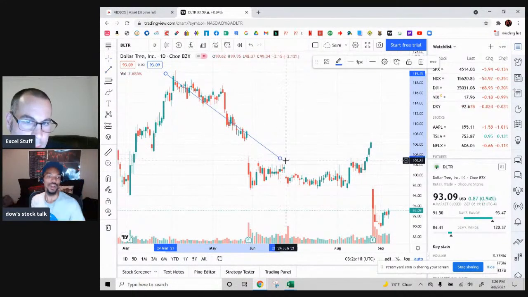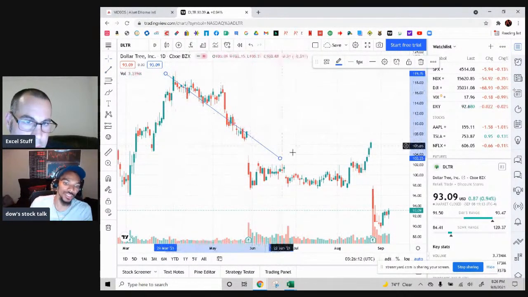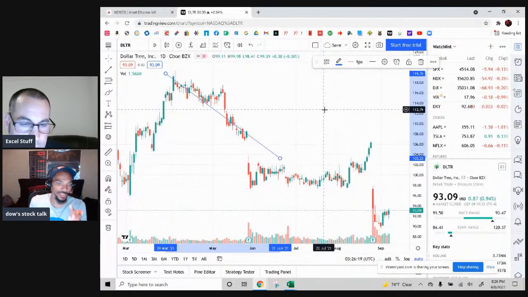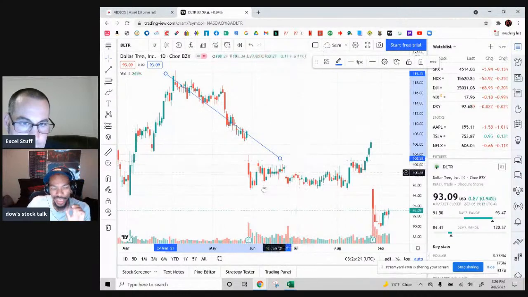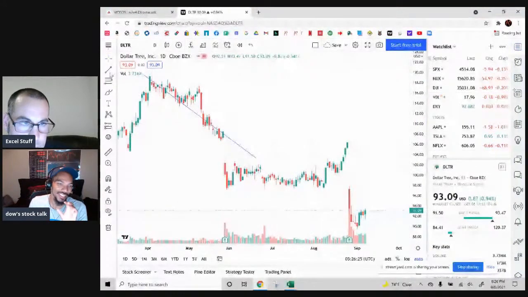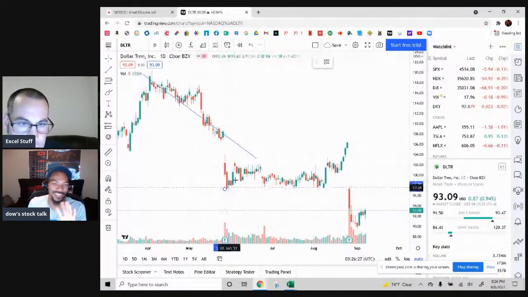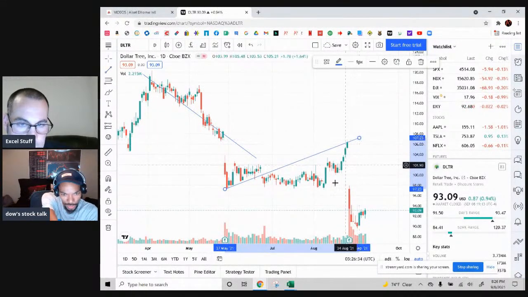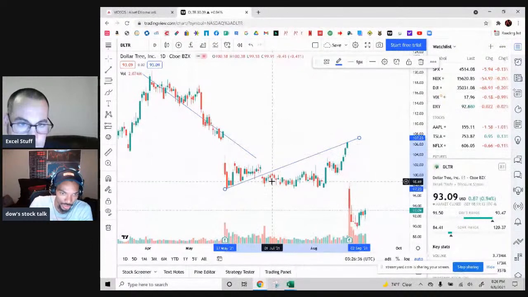Like something like this? Well, I was looking at it from just the June. It can get a little tricky because a lot of times when it had gaps, things work a little different. But yeah, for example, I would have drawn it across.